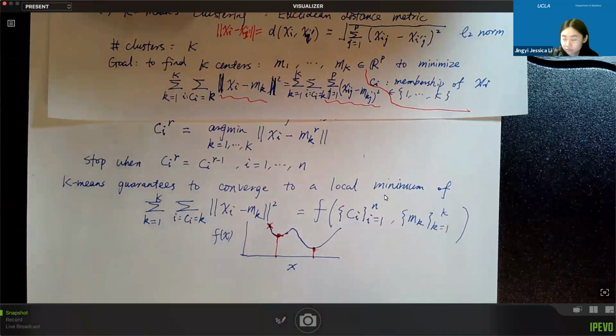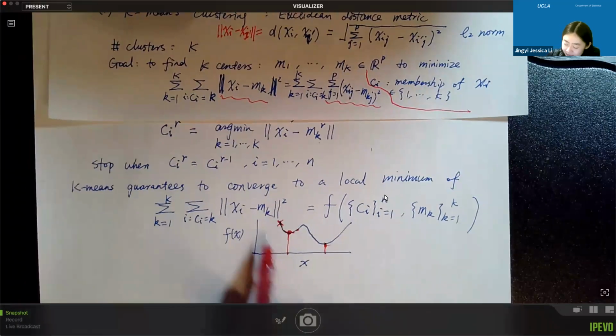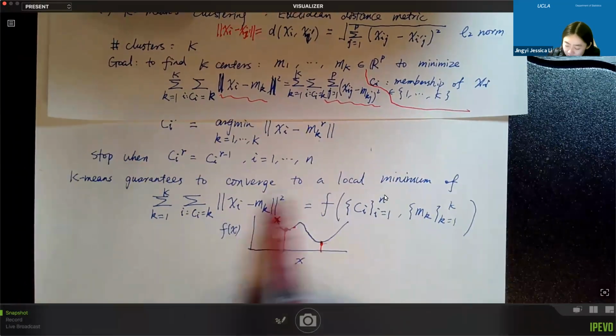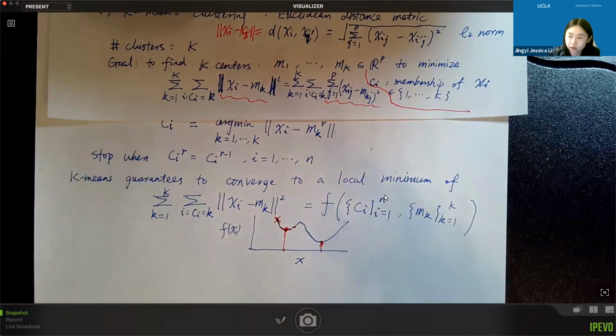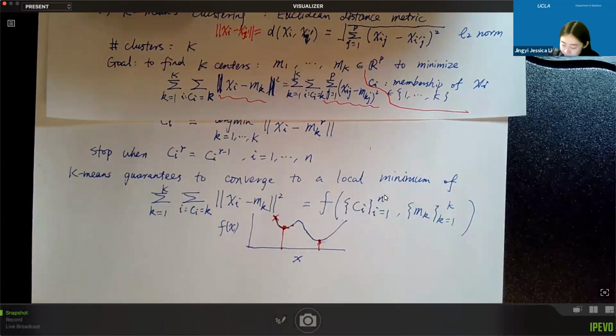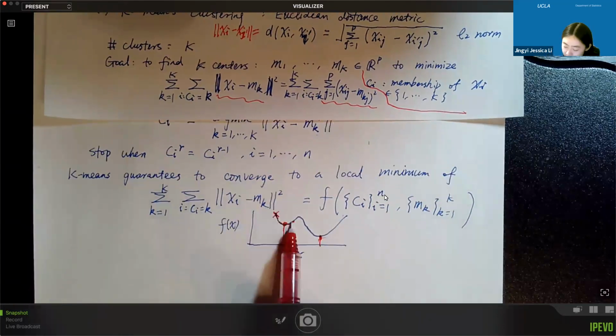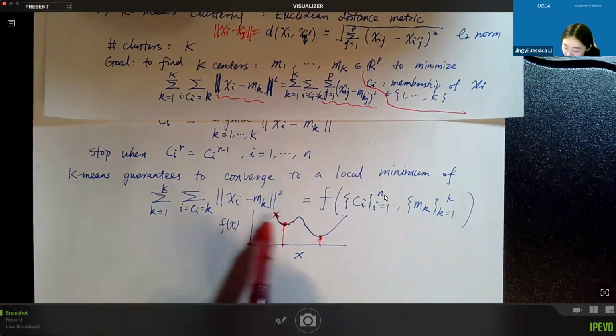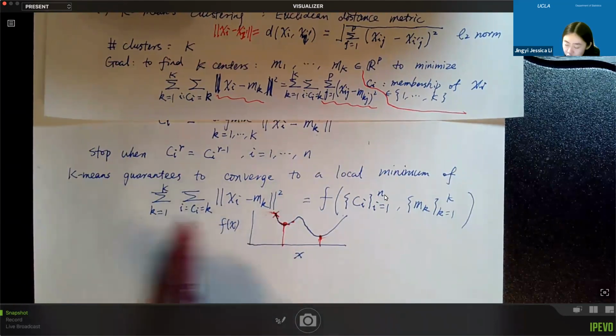If the function is not too complicated, hopefully you can find the initial start that can lead you to the global minimum. But it's not guaranteed. So what we do is that for every initialization, we will converge, right? And we compare the objective function at its converged point.